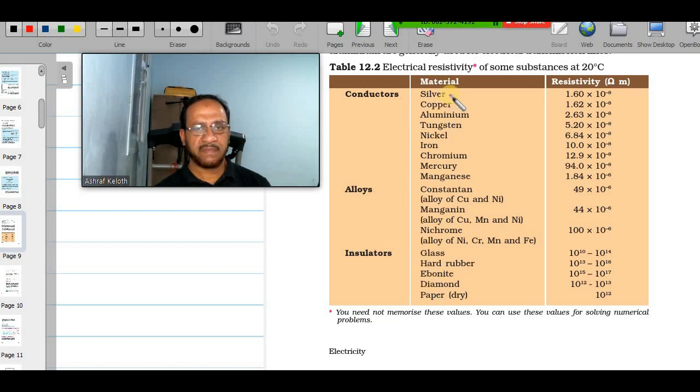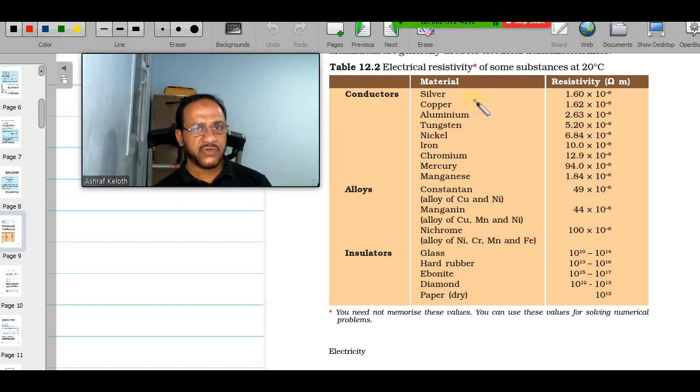Now you see, comparatively, the resistivity. Resistivity is given in this column. We will compare the resistivity values. All of you listen. You must remember the range of resistivity for conductors, alloys and insulators.